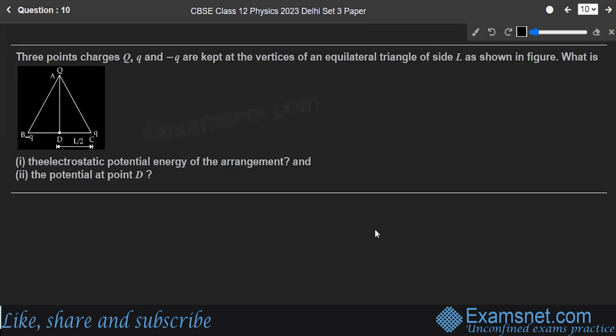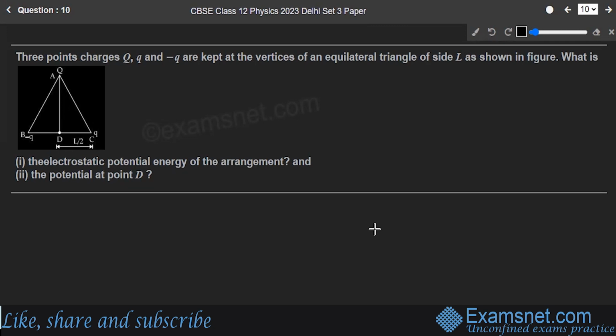Question number 10. Three point charges q, q, and minus q are kept at the vertices of an equilateral triangle of side L as shown in the figure. First question: what is the electrostatic potential energy of the arrangement?